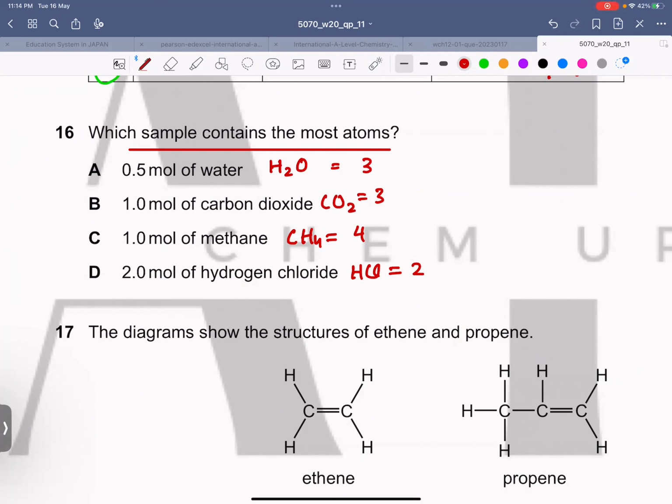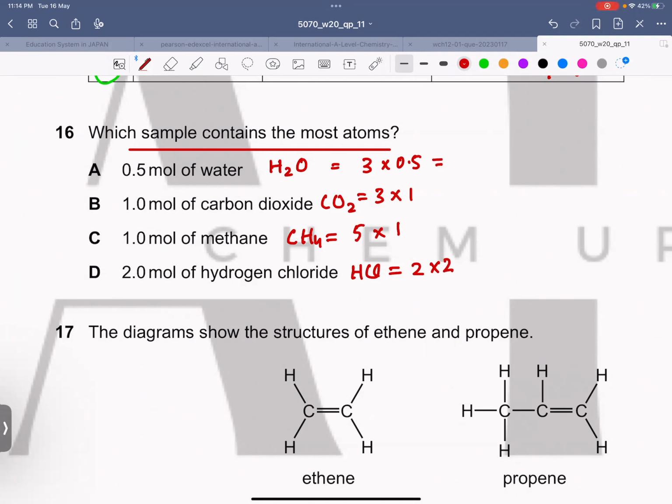So 3 times 0.5, 3 times 1, 4 times 1. Sir, C will be the answer because it has the most atoms. Yeah, it has the most atoms, and it's 5, sorry, and it's 2 times 2.